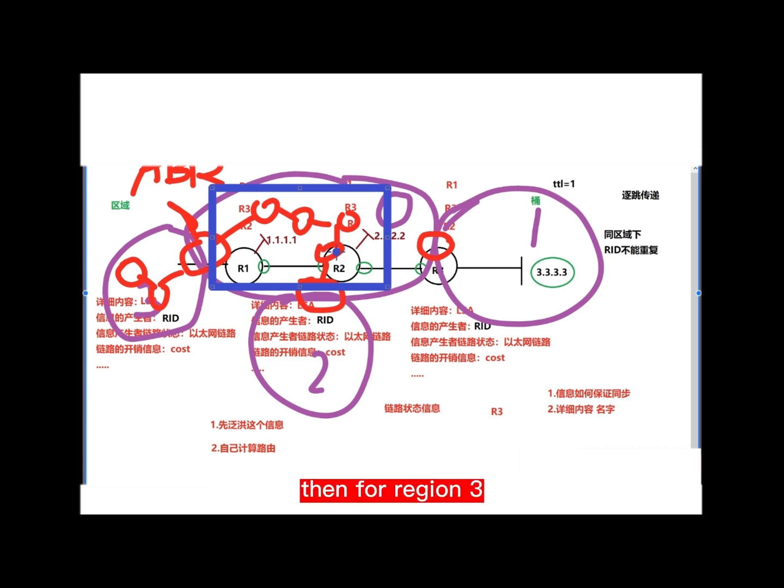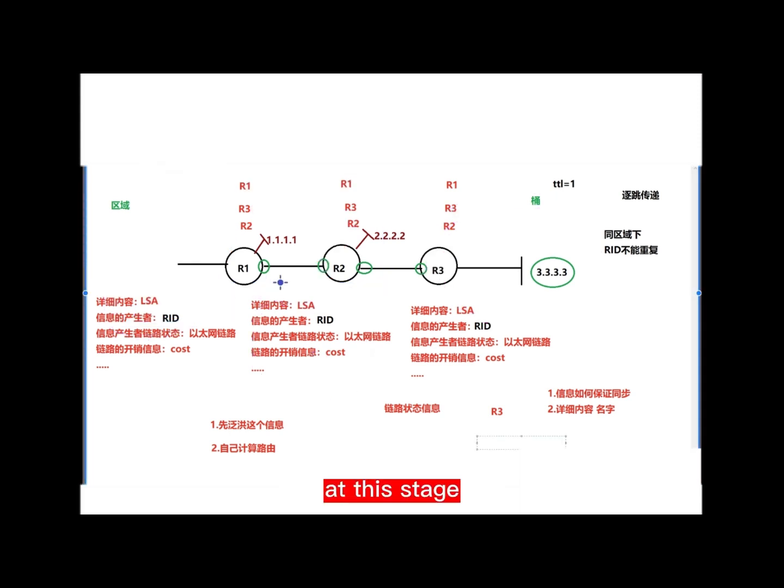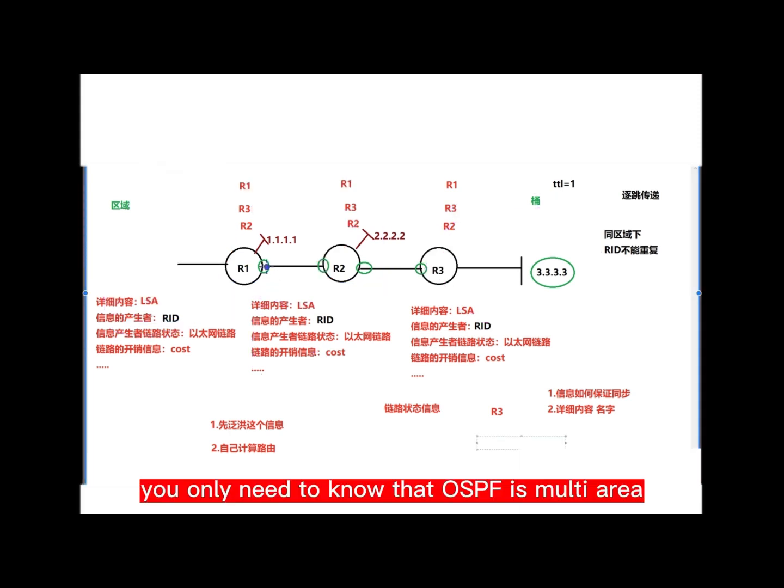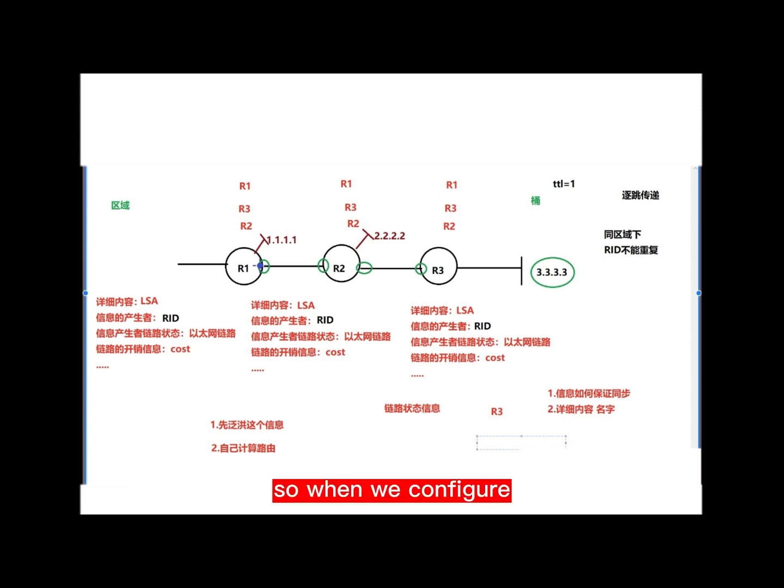Then for area 3, these are the devices and their interfaces, and they synchronize their own LSDB. How the areas finally interact with each other, you will learn in NP. At this stage, you only need to know that OSPF is multi-area. So, when we configure, we must also specify the area.